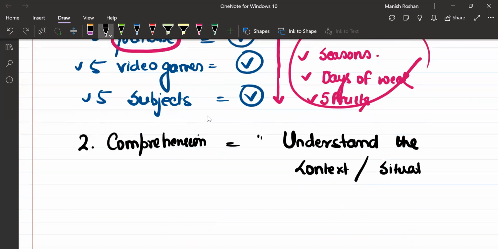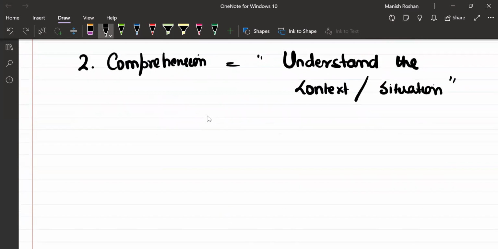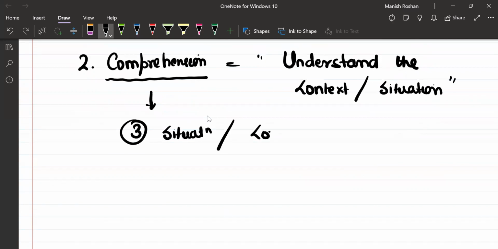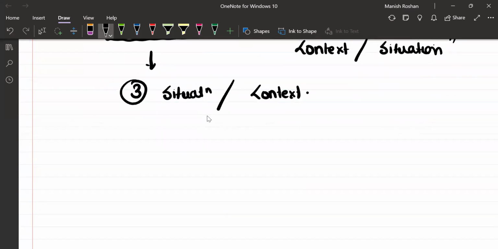In English terms, it means understanding the context or the situation. Whether an individual is able to understand a context or situation is what we test while testing comprehension. You can give 3 such situations or contexts, for example, rain, bank, bus.